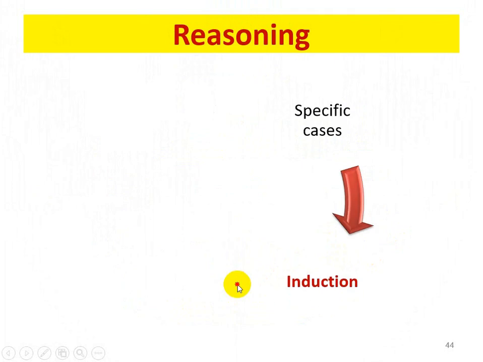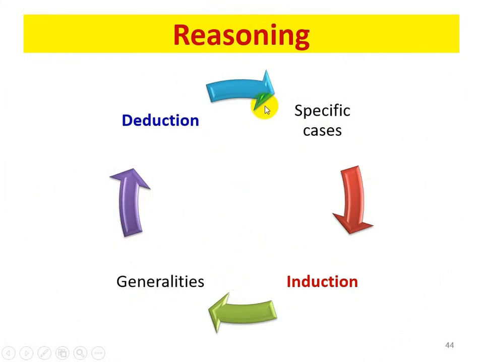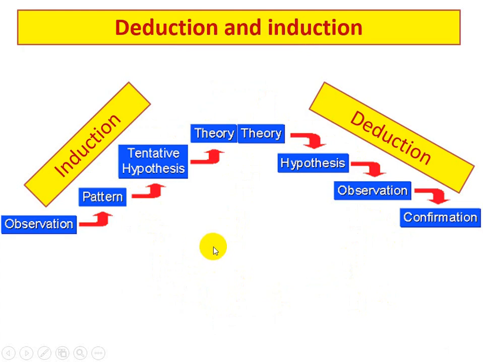And this is clear too in this illustration. In the case of deduction, we move from generalizations to specific cases. And in the case of induction, we move from specific cases to the generalities or generalization. Also, it is very clear here.